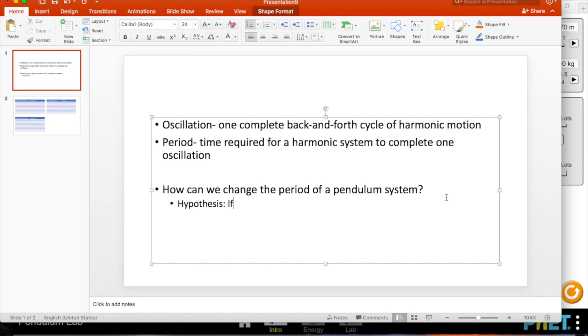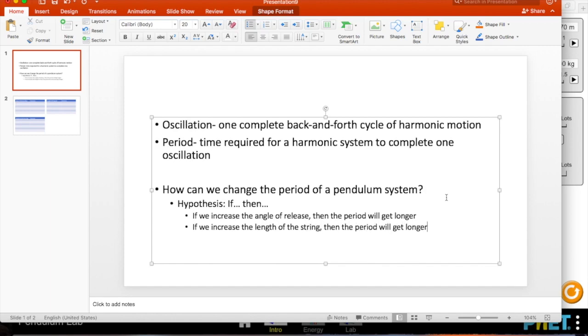Typically, hypotheses take the form of an if-then statement. So we could say something like this. If we increase the angle of release, then the period will get longer. Or if we increase the length of the string, then the period will get longer, etc., etc.